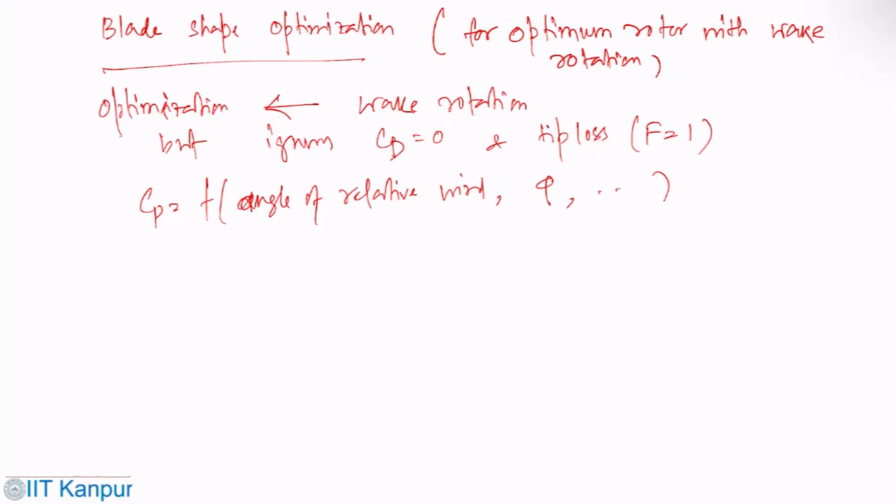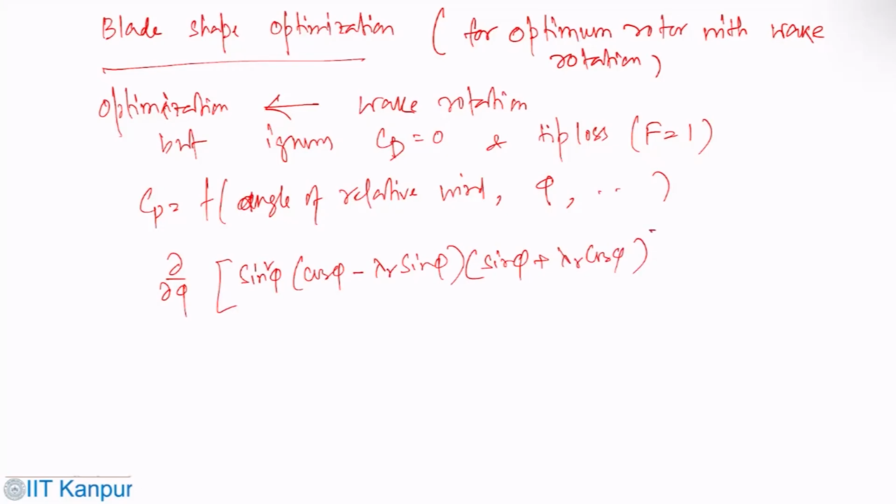So we take del phi of sine square phi (cos phi minus lambda r sine phi)(sine phi plus lambda r cos phi), which is 0.